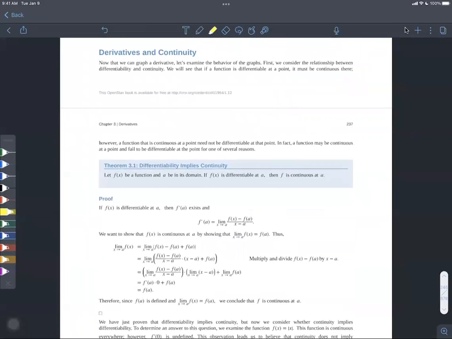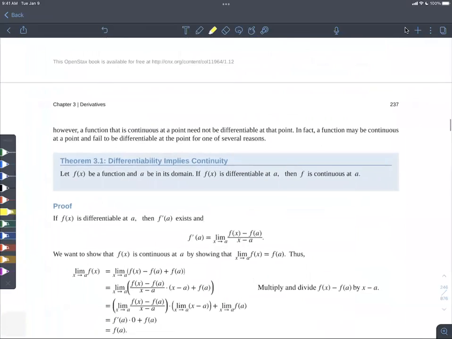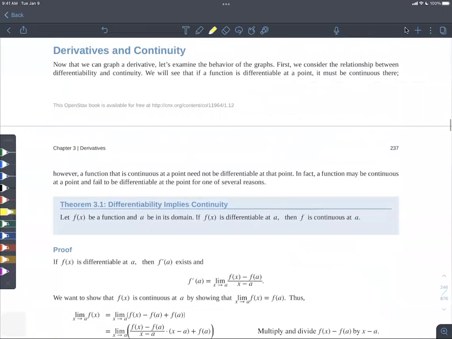So let's read. Now that we can graph a derivative, let's examine the behavior of the graphs. First, we consider the relationship between differentiability and continuity. We will see that if a function is differentiable at a point, it must be continuous there. So that's an important statement there.